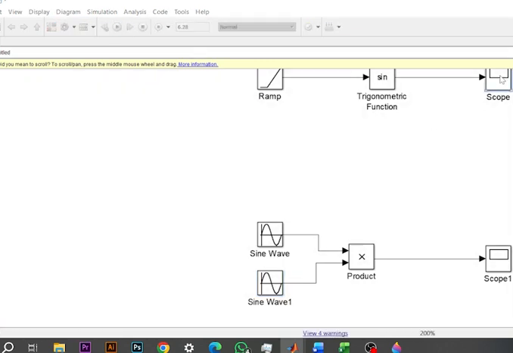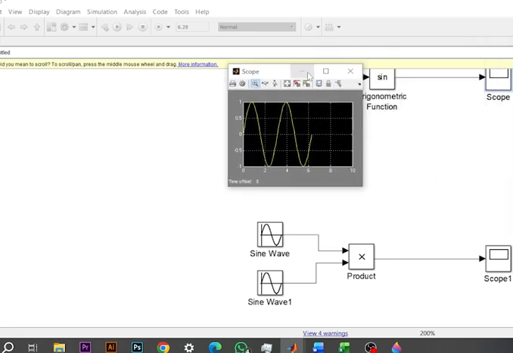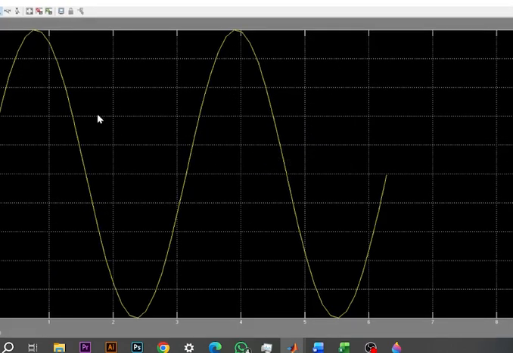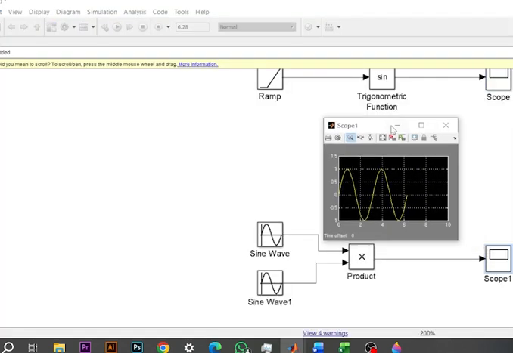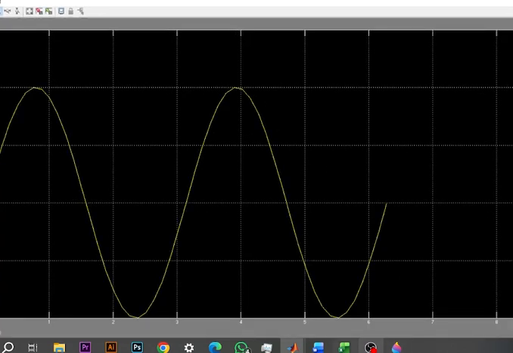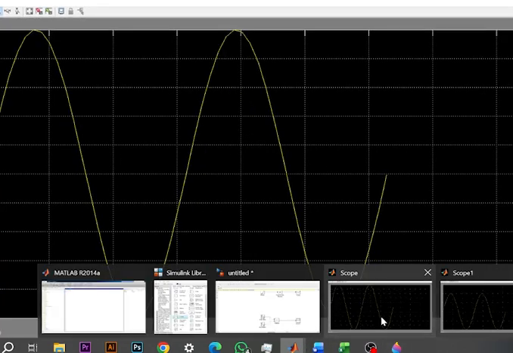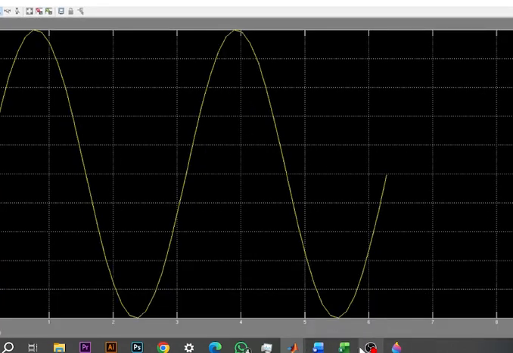So let's open one, and let's open the first function. Now let's open up the second one. And it looks like both functions got the same value.